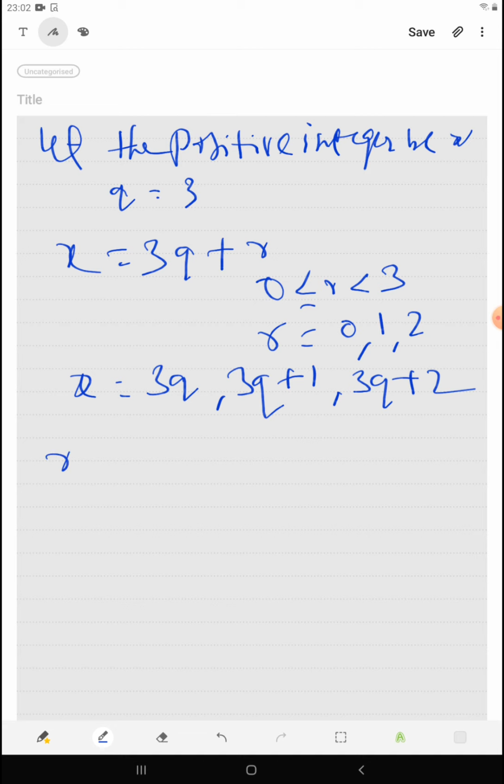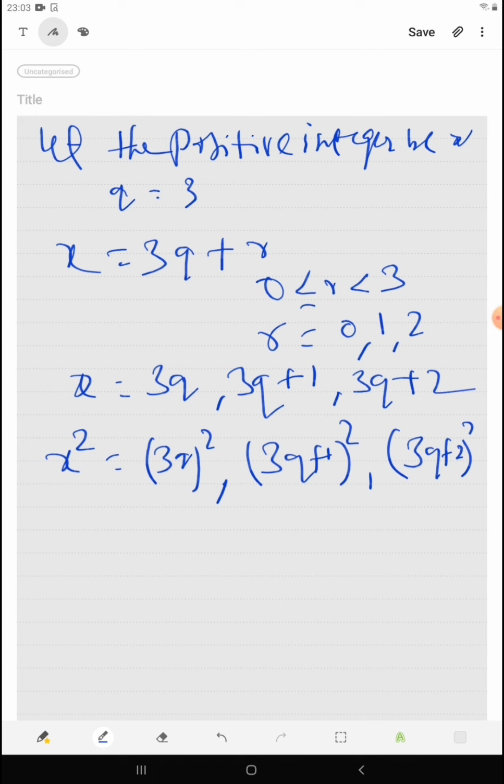Now what will x square be? X square will be (3q) square, (3q plus 1) square, and (3q plus 2) square. Now what is (3q) square? It is 9q square. Now this is (a plus b) whole square, which is a square plus 2ab plus b square. So it will be 9q square plus 2 into 3q into 1 plus 1 square, that is 1.